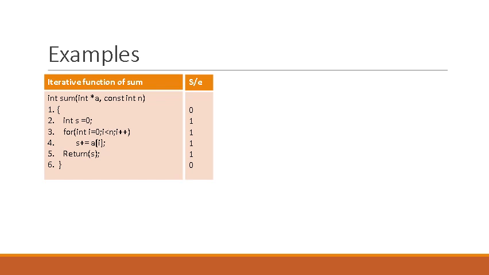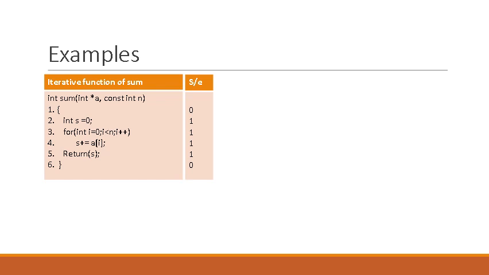Here we consider the for as one complete statement, rather than three different expressions, so its step execution will be 1. In the for, we are just doing the addition of i elements, so its step execution will be 1.